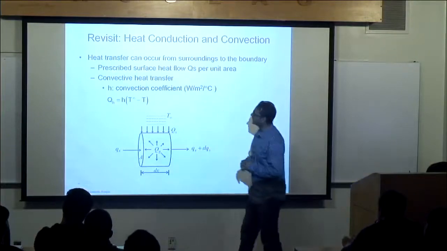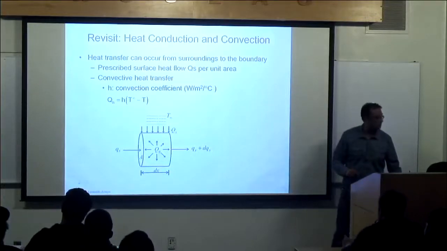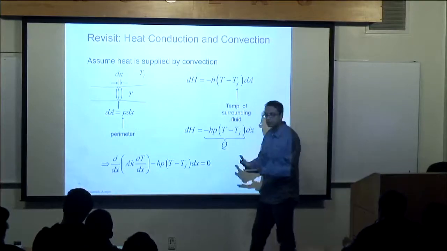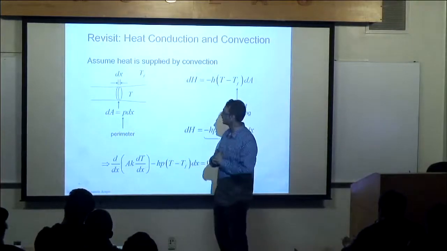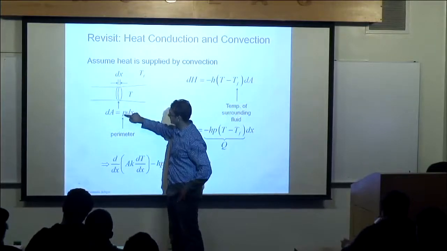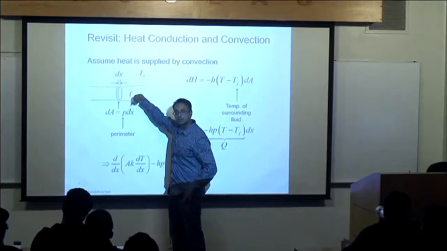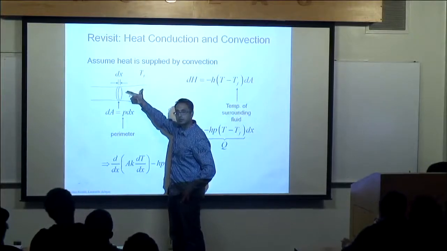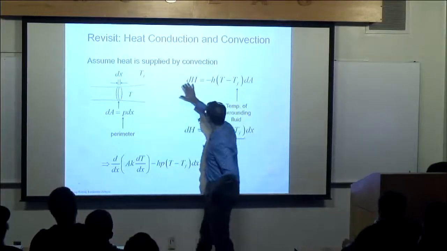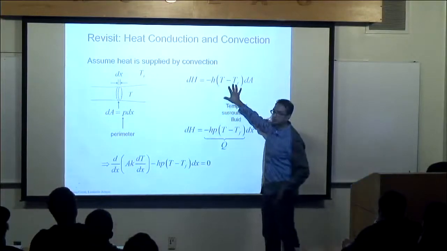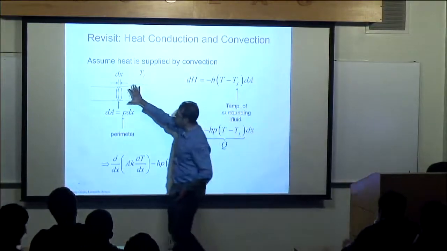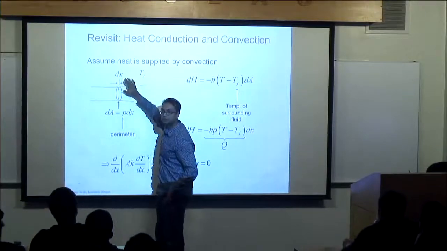And so to study this problem for a one-dimensional bar, I'll take a small dx, and I can calculate a perimeter, the circumference, say. Around this perimeter, I have a dx, and so I can now write the heat transfer due to this dx being exposed to the surroundings.